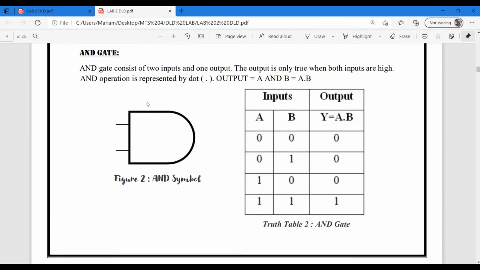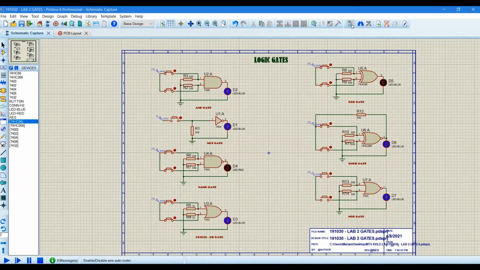The next gate is AND gate. In AND gate, the output is at high state only when both inputs are at high state. Otherwise, it is off.